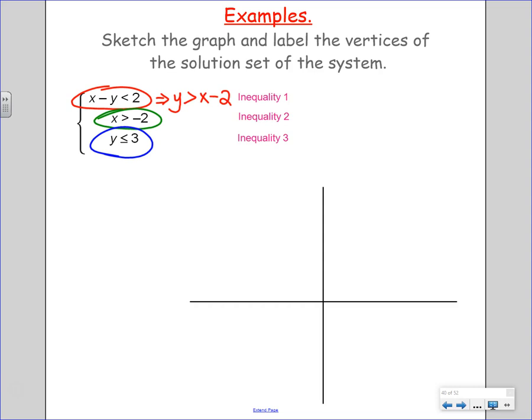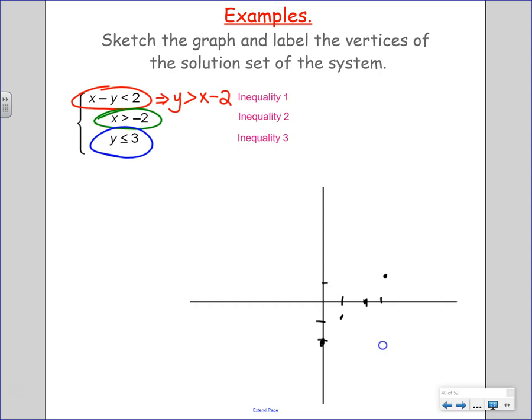When I subtract the x and I divide by a negative, yep, it's going to have to flip. But now that I have my x minus 2, can't I just say it's a line with an intercept of negative 2 and a slope of 1 over 1? So up 1 over 1, up 1 over 1, up 1 over 1.